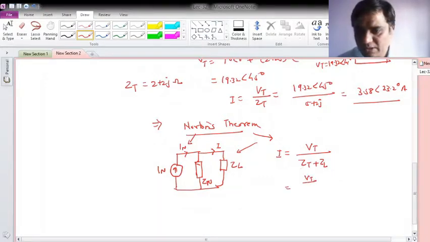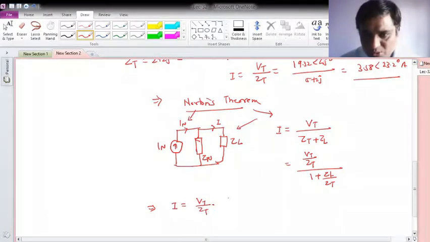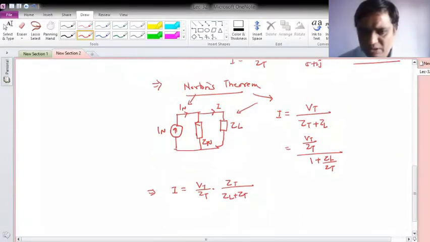So if I take Zt as common, I can write Vt by Zt into 1 plus ZL upon Zt, and let me write this systematically. So your current I will now be Vt over Zt into Zt over ZL plus Zt. Okay, so look at this equation carefully.